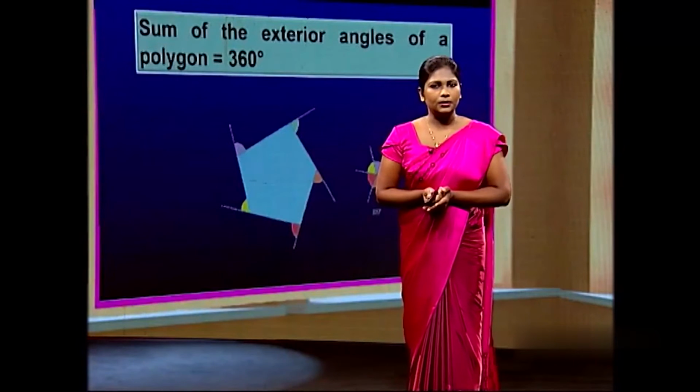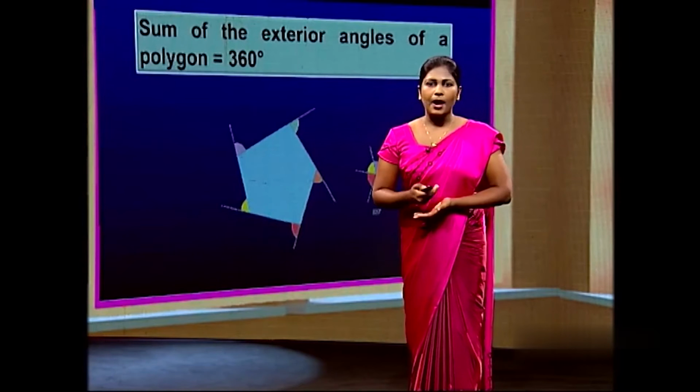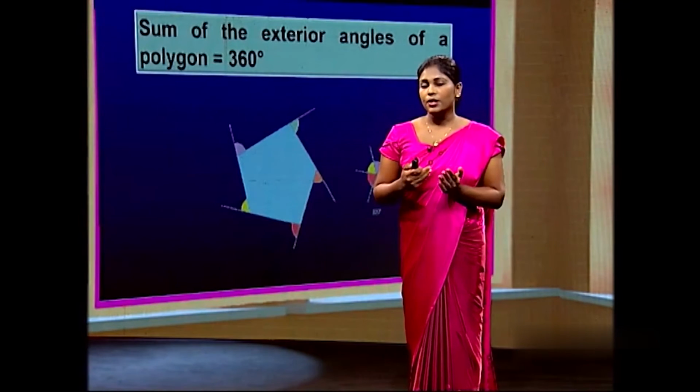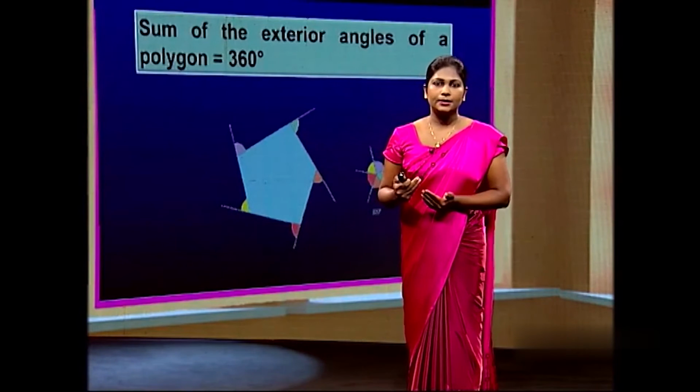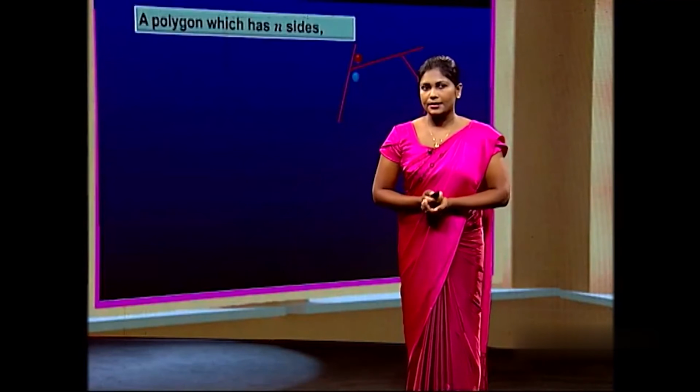So children, we did that activity. But there is another method, that means we can prove that theory according to a mathematical proof. When we consider the number of sides equal to n, you can take the theory in this way. A polygon which has n sides.